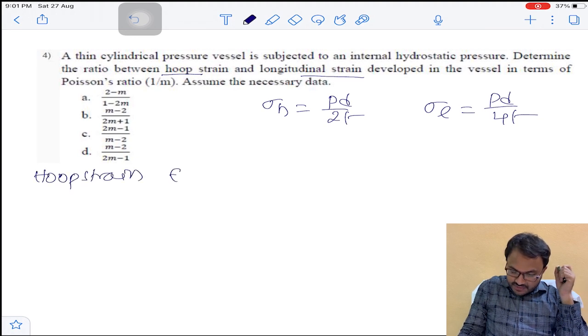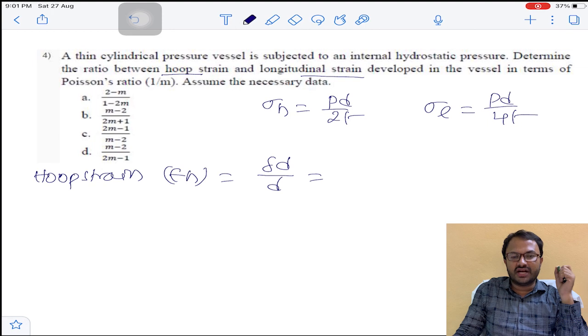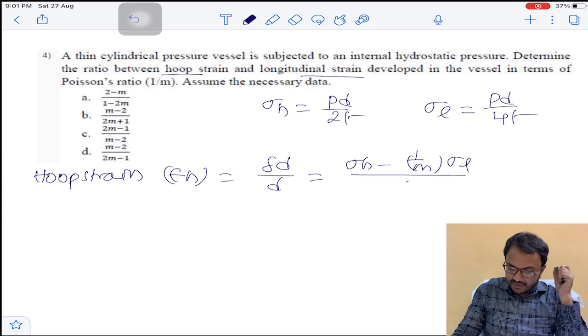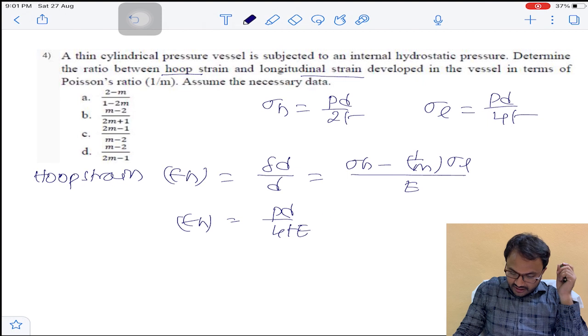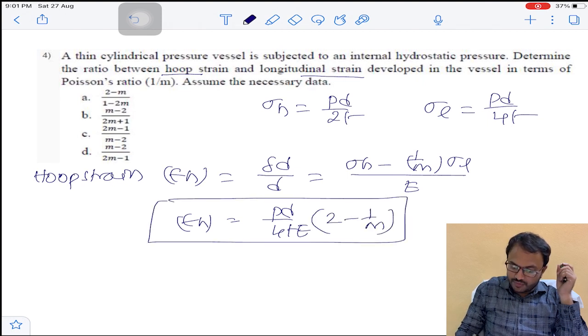Hoop strain epsilon h is equal to delta D divided by D, that is change in diameter divided by original diameter. That is equal to sigma h minus 1 by m sigma L divided by E. So, by substituting PD by 2T and PD by 4T in that, we will get hoop strain equal to PD by 4TE times 2 minus 1 by m. This is the expression for hoop strain.